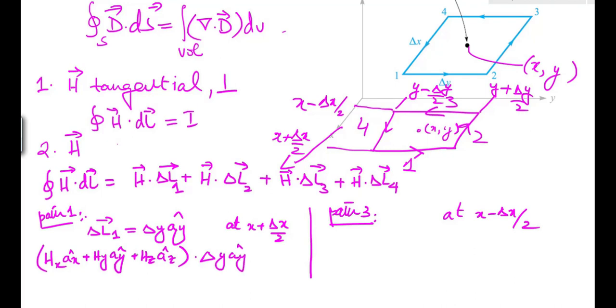Now, which component of the magnetic field intensity will be along this path? We can answer this using the conditions required for the selection of the path.